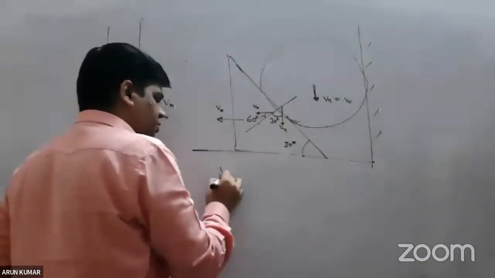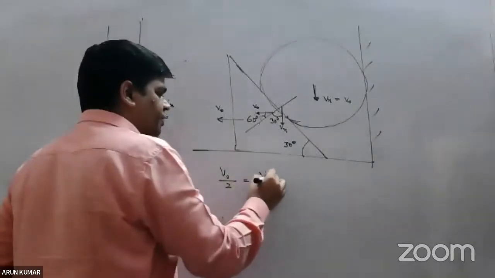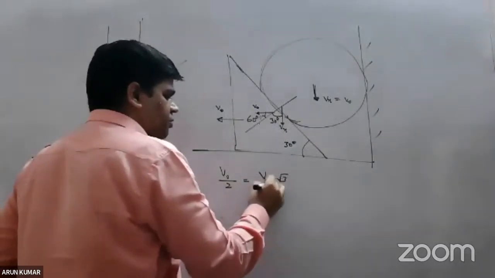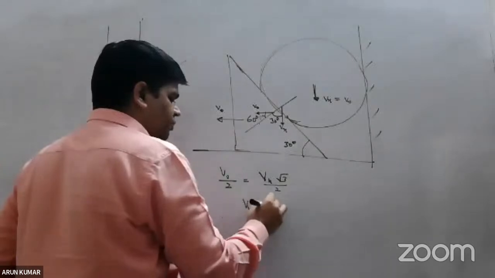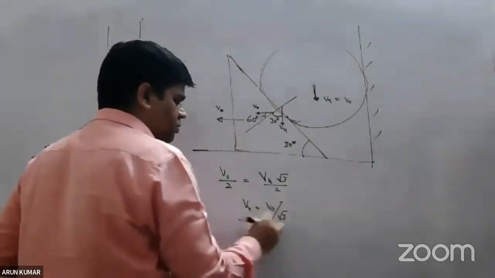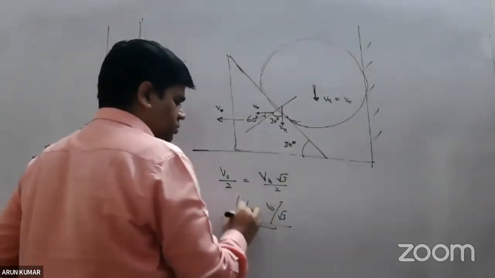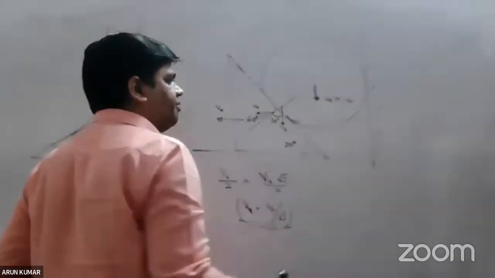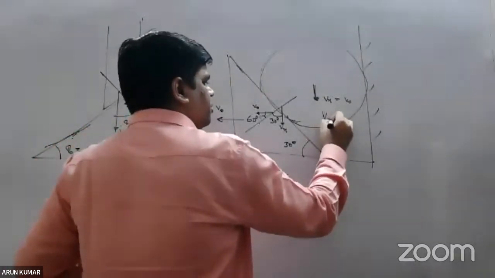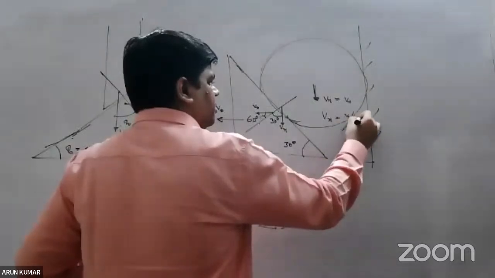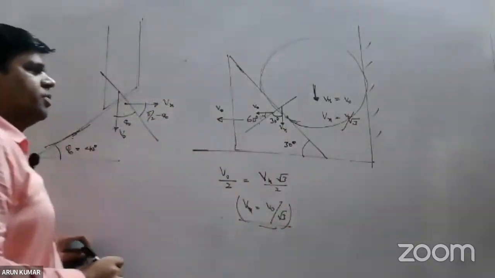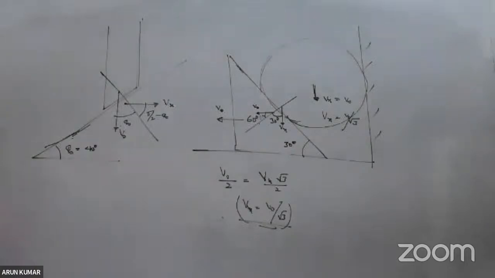So v naught cos 60, which is v naught by 2, is equal to vx cos 30, root 3 by 2. So vx is equal to v naught by root 3. In the second case, vx is equal to v naught by root 3, and the angle is 30 degrees.